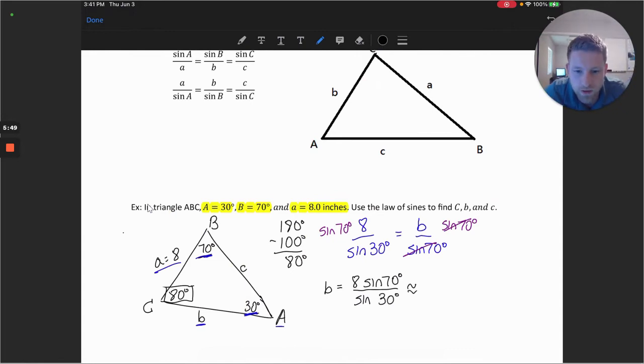Now we'll make sure that our calculator is in degree mode here, and we'll round to the nearest tenth. So rounding to the nearest tenth, we end up getting 15.0 for that side length. And so we have the side length b solved for, that's just 15.0.